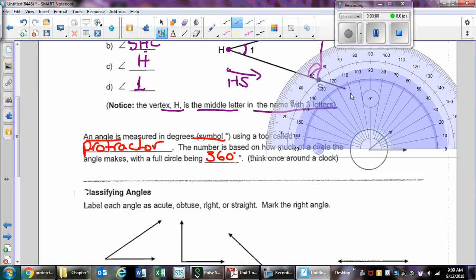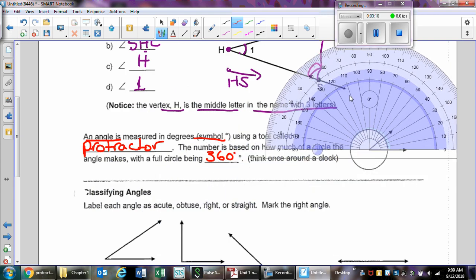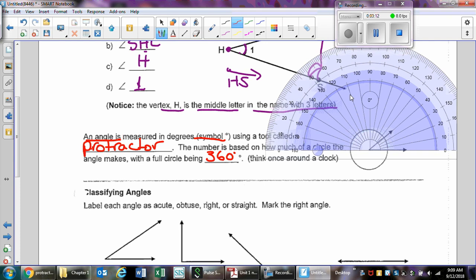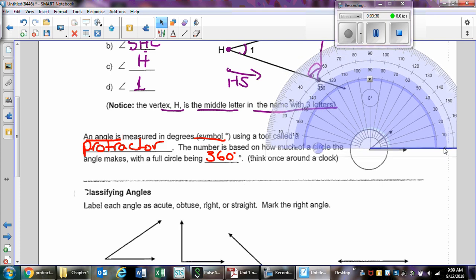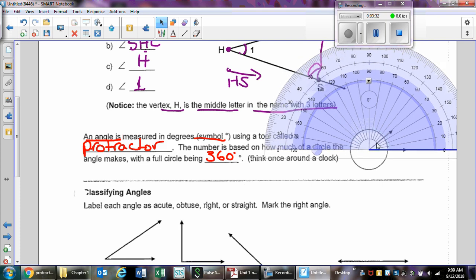If I want to measure this angle, you always have to make sure the 0, where it all intersects, is at the vertex here. Then you measure this line, starting from here all the way to this line. Let me mark the angle I'm trying to measure.